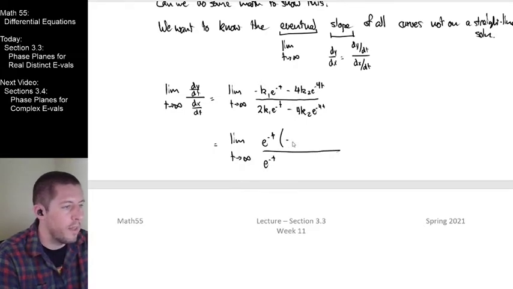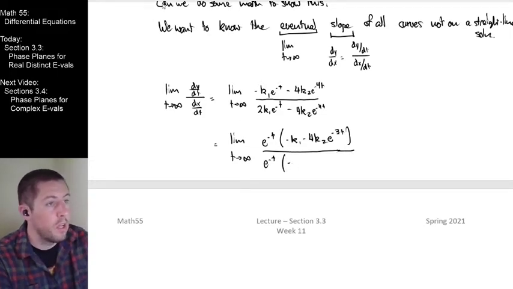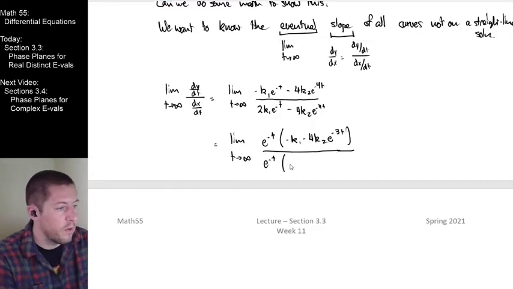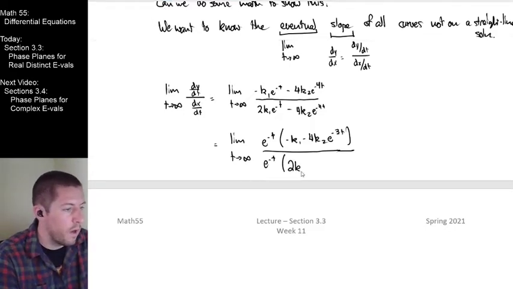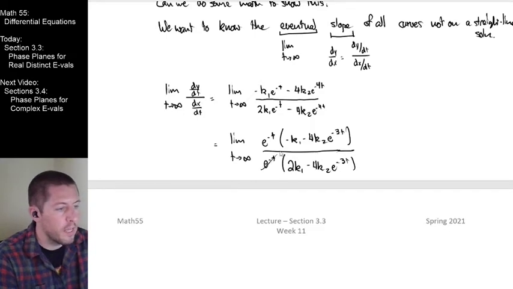What do I have remaining? Well, this gives me negative k1 minus 4 k2 e to the negative 3t. And that's going to leave me with 2 k1 minus 4 k2 e to the negative 3t. It looks like these e to the negative t's are going to cancel with one another.